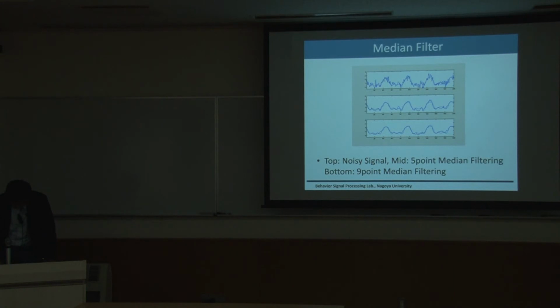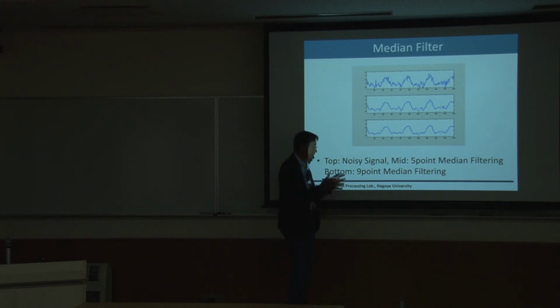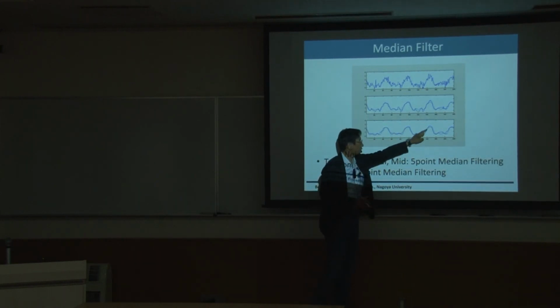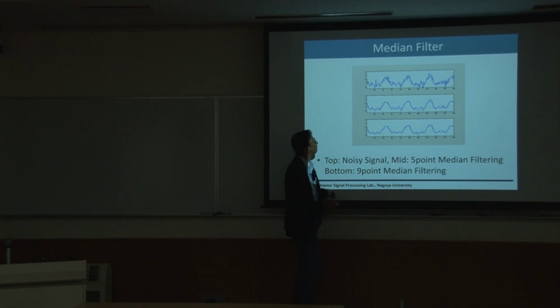So here you can see several results of noise elimination on artificial noisy data. In this case, a 5-point median filter and a 9-point median filter. Of course, if the length of the window for filtering or calculating the local average gets longer, a smoother shape will be obtained.